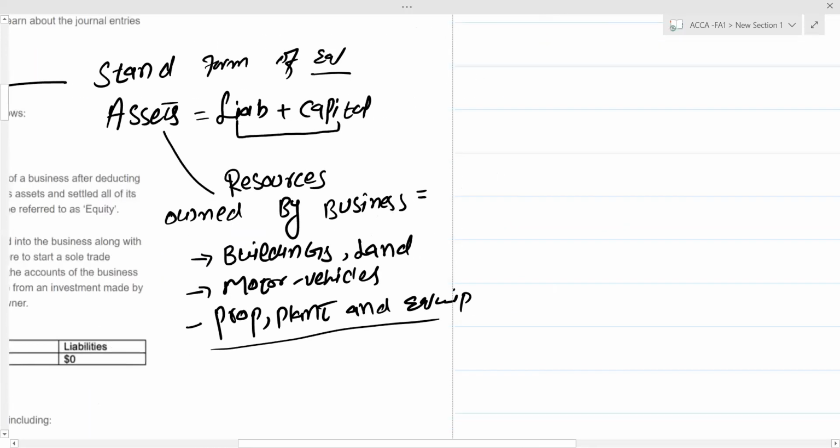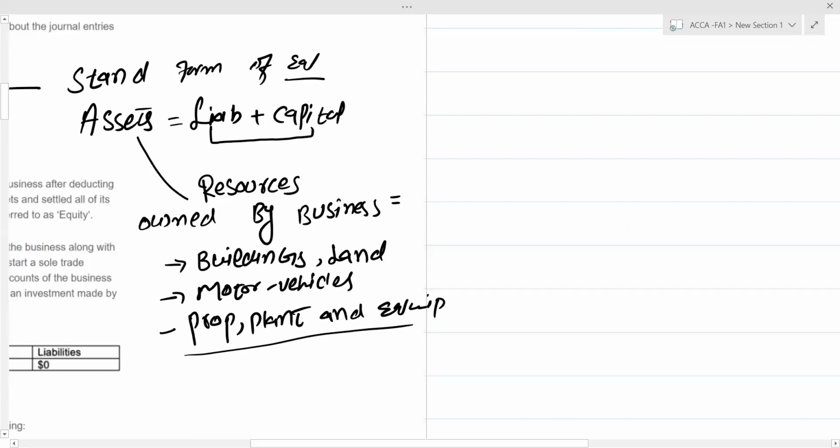So assets are basically resources owned by the business, and the right hand side of the accounting equation, conceptually, liabilities plus capital, is basically resources supplied to the business. These are resources supplied by other parties to our business.